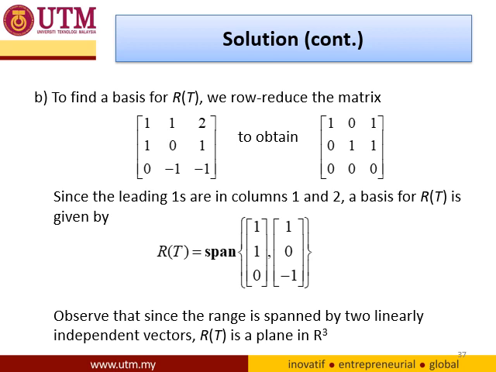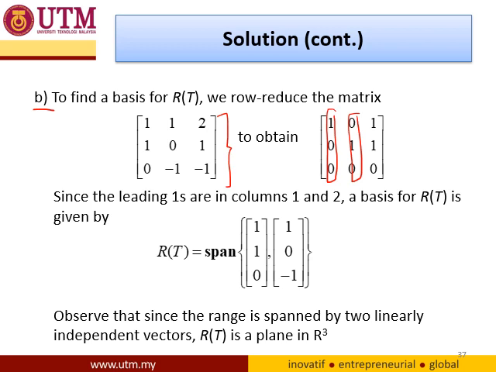For question B, it is actually not from this chapter. Question B is from our chapter 3, where you need to find the basis. Find the leading ones here. We have 2. Again, I will just simplify it because this is chapter 3, you should know already.